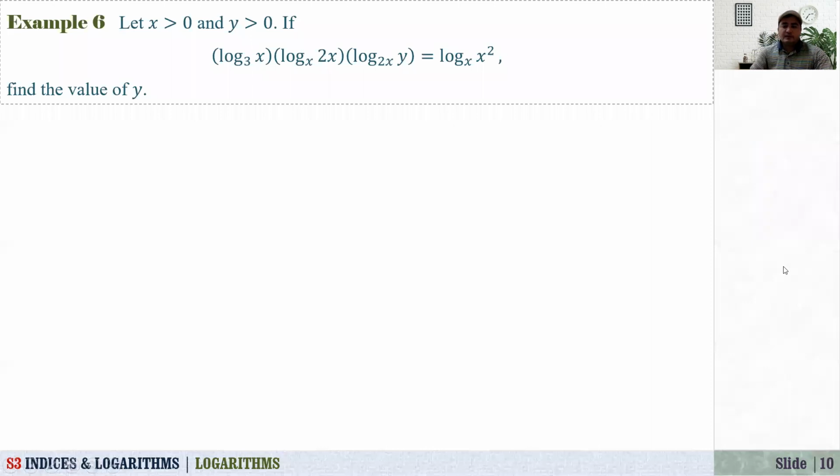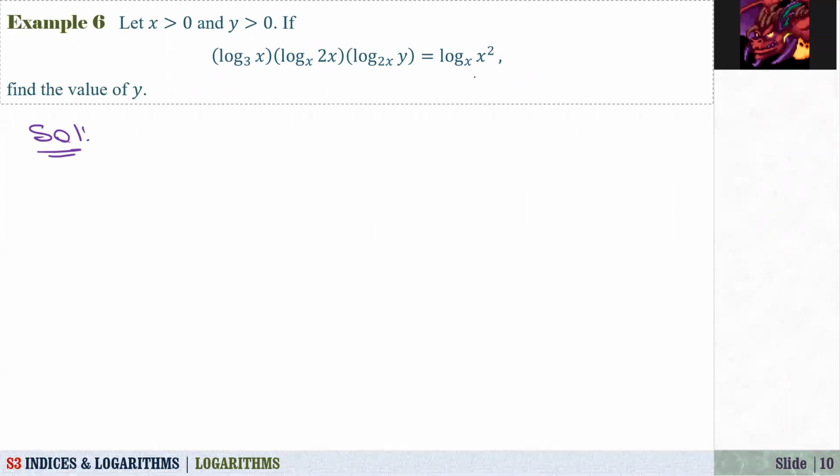Okay, now let's see one example related to this. Example 6. Let x and y be positive real numbers. If logarithm of x to the base 3 times logarithm of 2x to the base x times logarithm of y to the base 2x is equal to logarithm of x squared to the base x, then we should find the value of y.